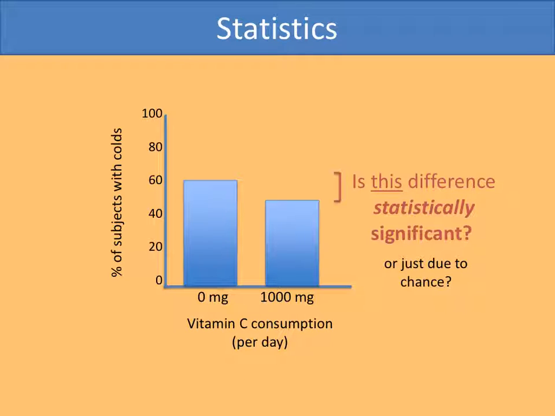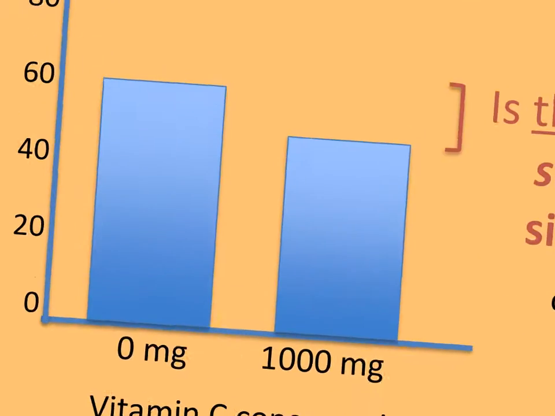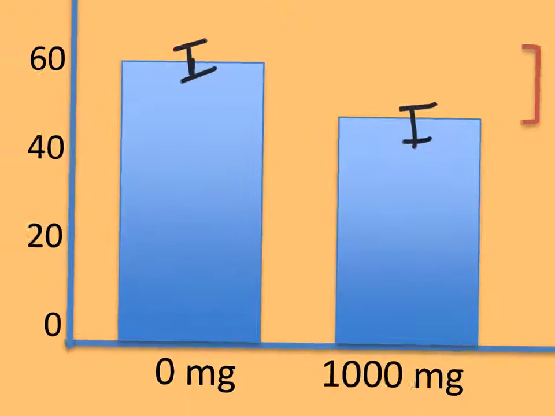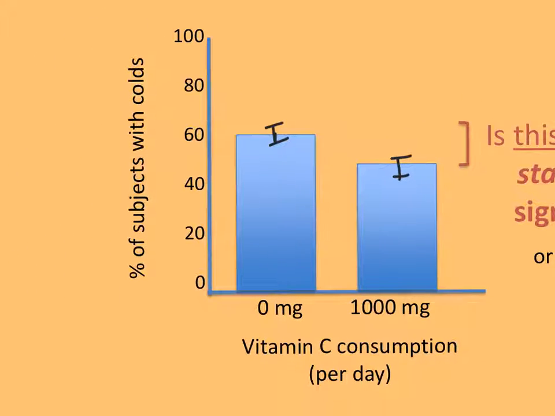But if each sample was 1,000 individuals, your variation around that, because you have such a good estimate with so many individuals, you might find that, and these are the means, and then the standard deviation around that mean, do they overlap?